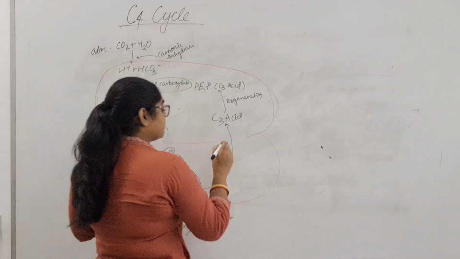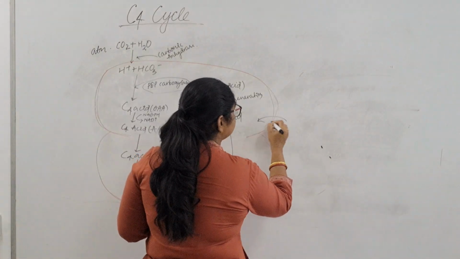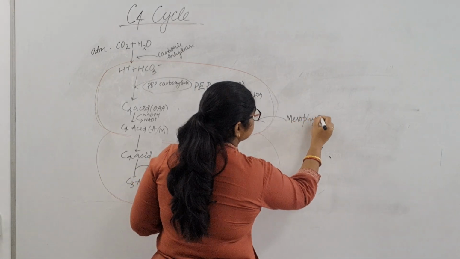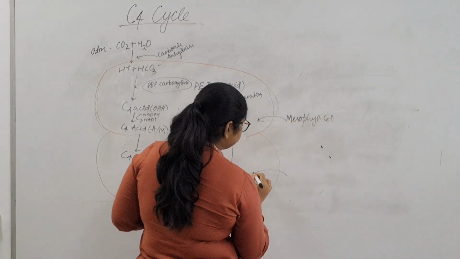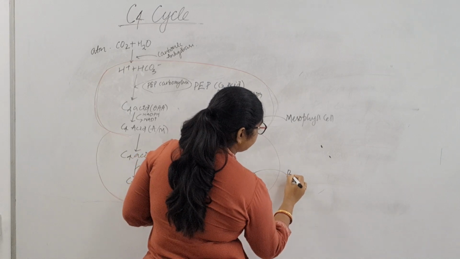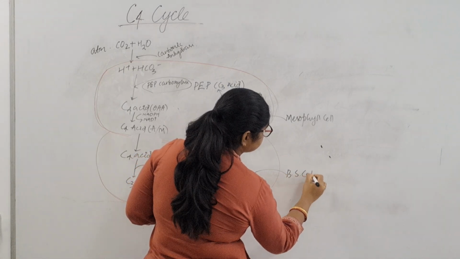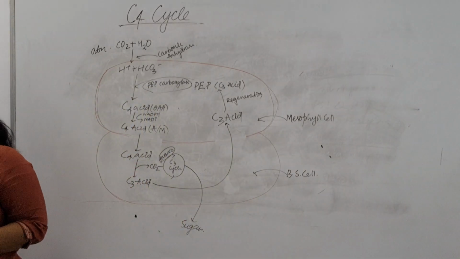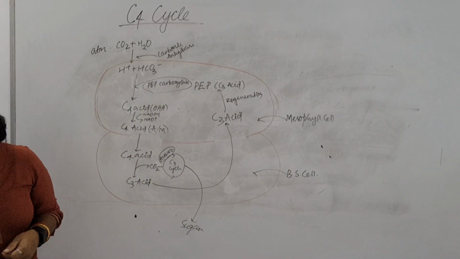So this part is the mesophyll cell and this part is the bundle sheath cell. Okay, this is the overview of C4 pathways.